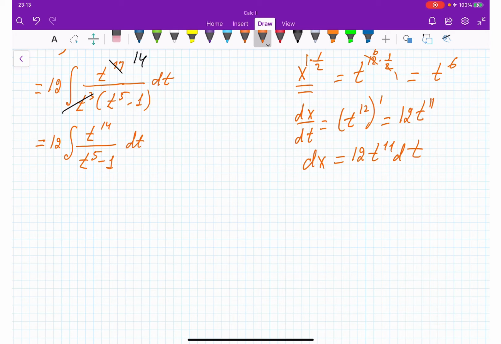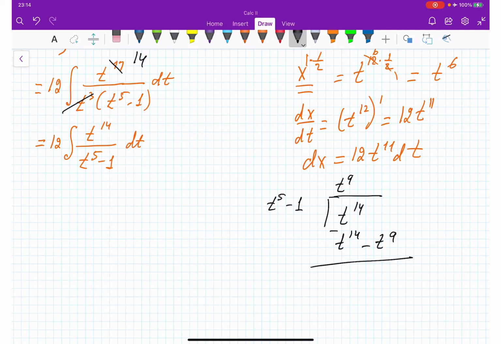Okay, so t to the power 14 dividing by t to the power 5 minus 1. So t to the 14 divided by t to the 5, we have to subtract, right? 14 minus 5 is 9. So we will get t to the power 9, correct? So t to the 9 times t to the 5 is t to the 14, and minus t to the 9.